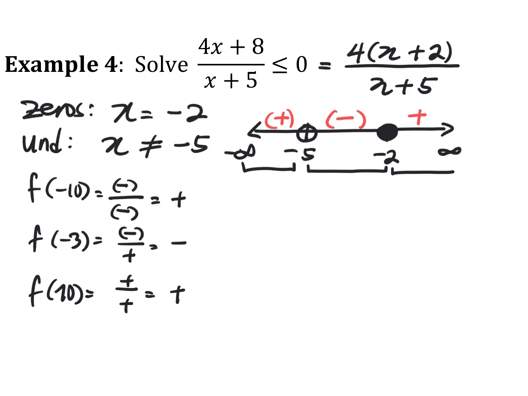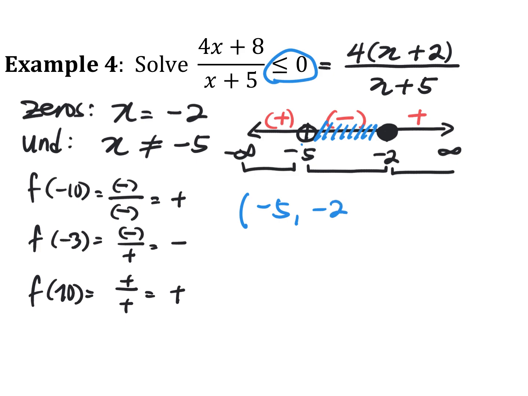Now, what is asked here is less than or equal to 0. Let's see, that part is only seen on this interval, on the negative part. Since this is open, we use parentheses at negative 5 and negative 2.